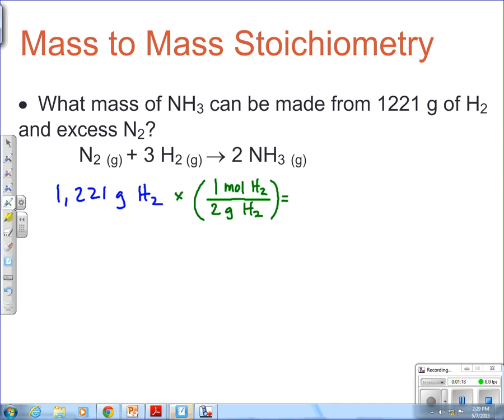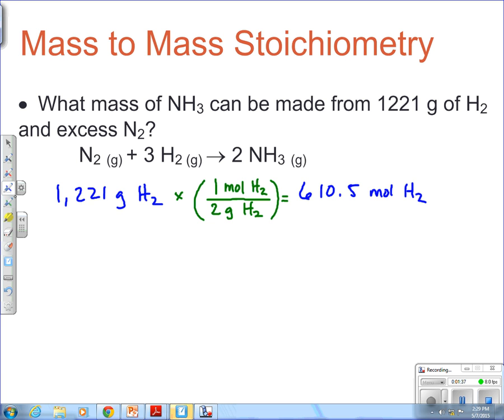So it turns out that I'm dealing with 610.5 moles of hydrogen. So that's my first step. Convert the grams of what I was given into moles.